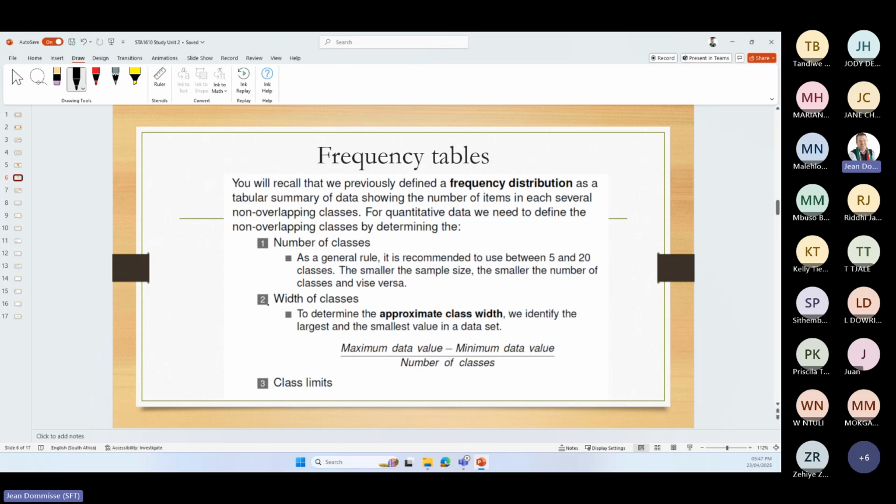Sometimes they give you a bit of the data, and then they ask you how many classes are there, what's the width of a class, what's the class limit.